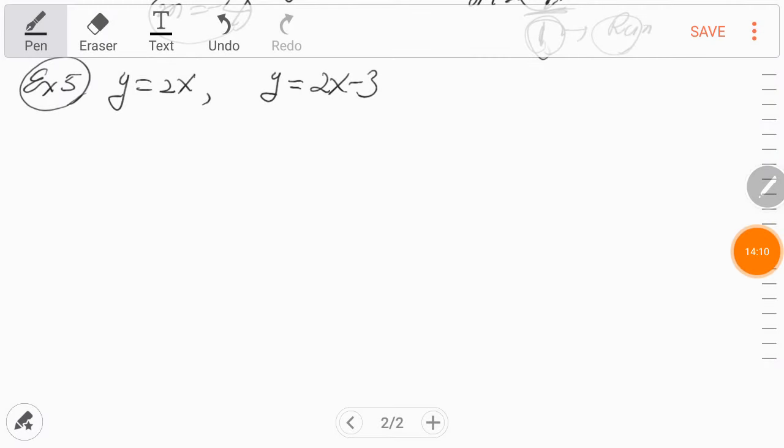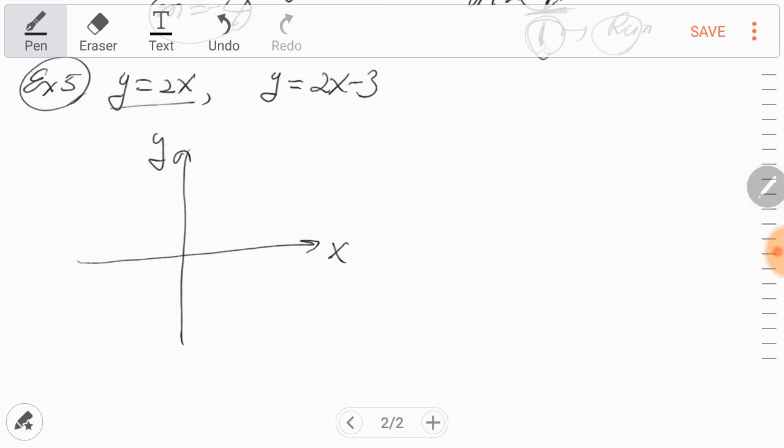In this example, let's sketch the graphs for each equation on the same coordinate system. From the first equation, the y-intercept is 0 because it is 2x plus 0.